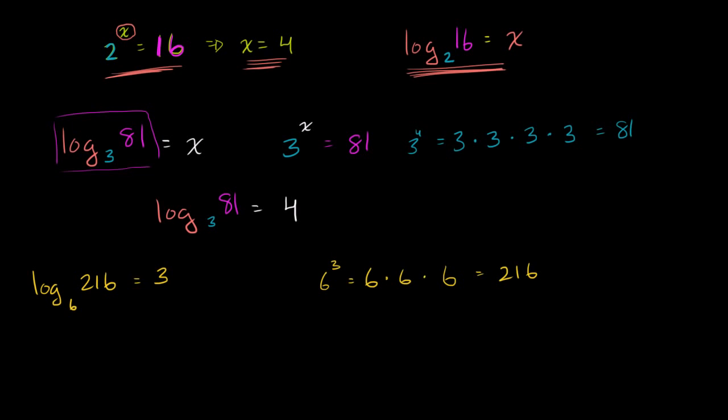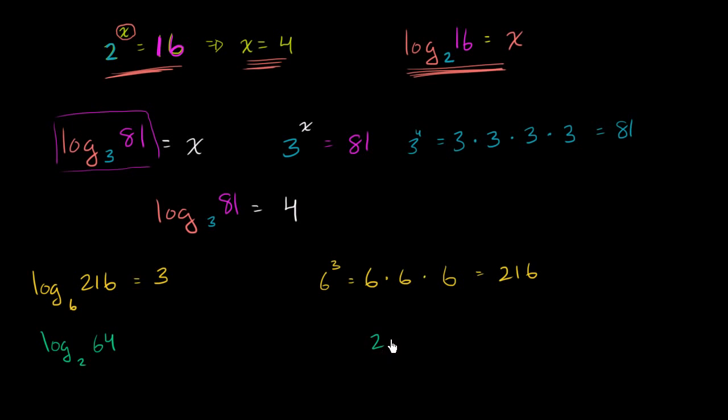Let's try another one. Let's say I had log base 2 of 64. So what does this evaluate to? Well, once again, this will evaluate to the exponent that I have to raise this base to, and you write the base as this little subscript right here. The exponent that I have to raise 2 to to get to 64.